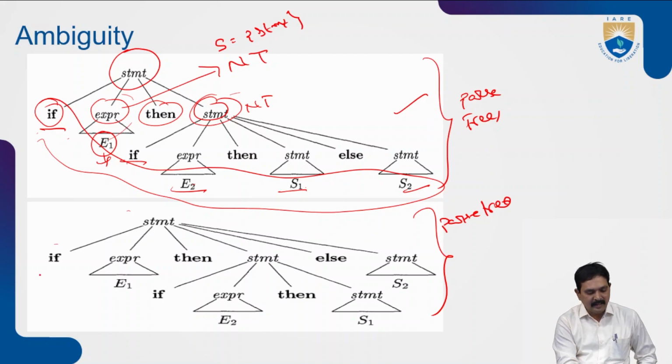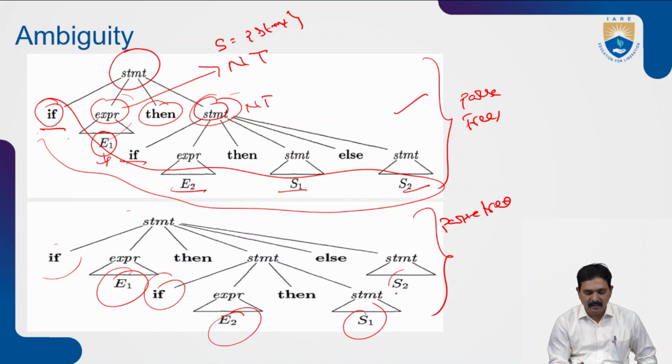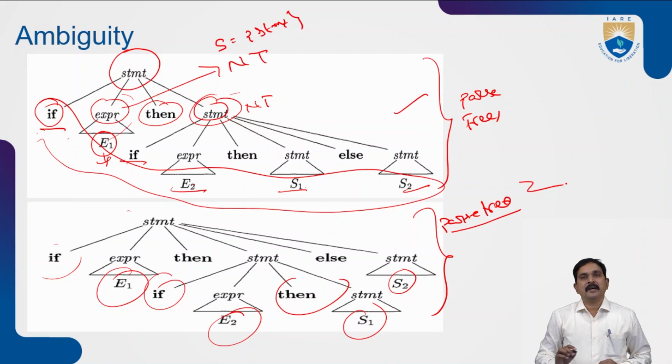We have to obtain the same string using another different parse tree, parse tree 2. Here I am showing that by the construction of two different parse trees, I am obtaining the same string, whatever input string is mentioned.